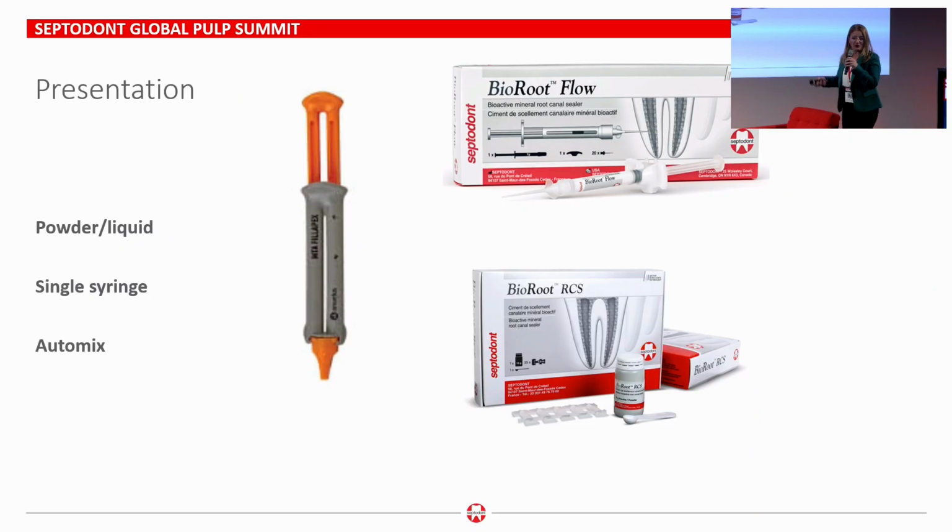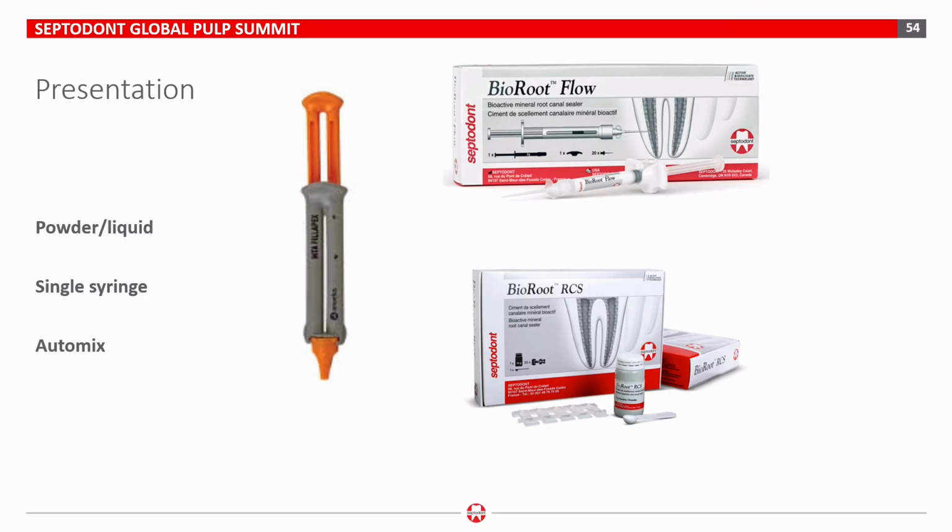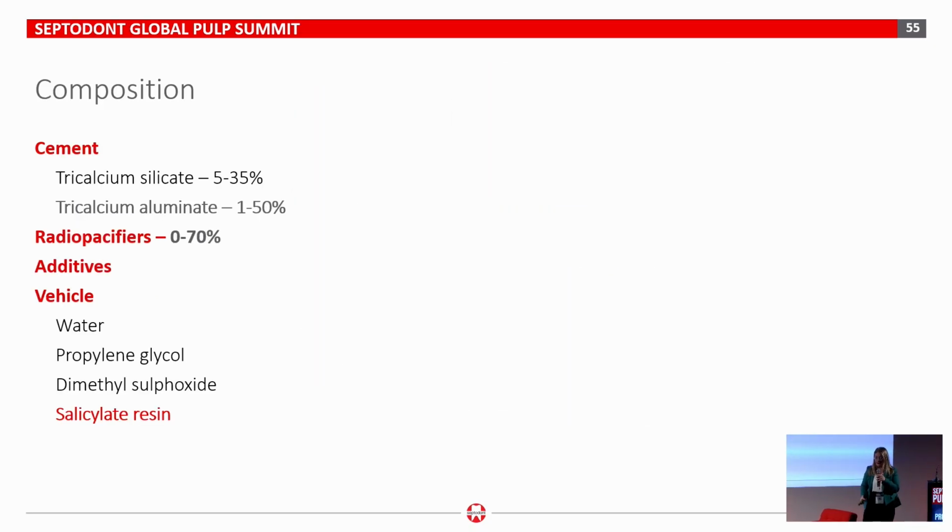So, we found the first problem, the duo syringe. As soon, currently, as you see a duo syringe, automatically it is a resin, because these materials cannot go in duo syringes. Okay, so presentation needs to be powder liquid or a single syringe. But then you can see the variation with the composition. Cement, the tricalcium silicate, varied from 5 to 35%.